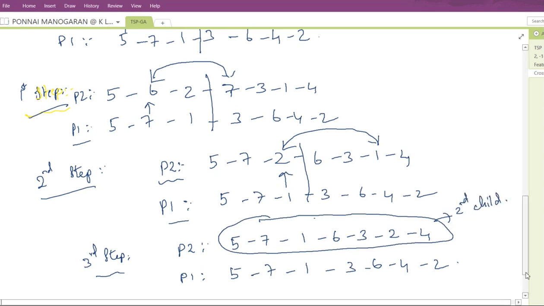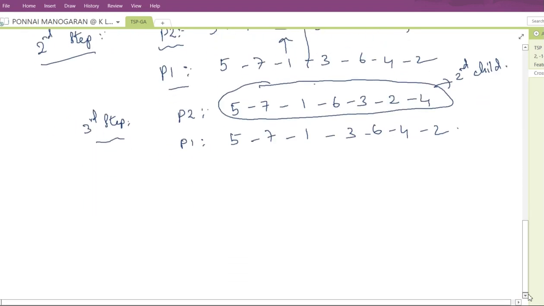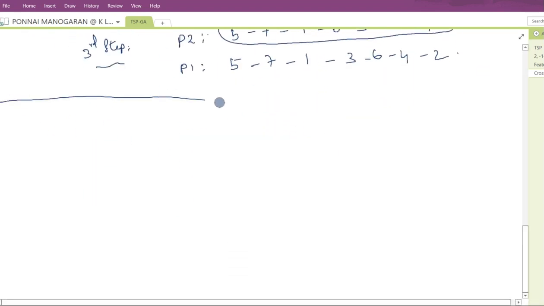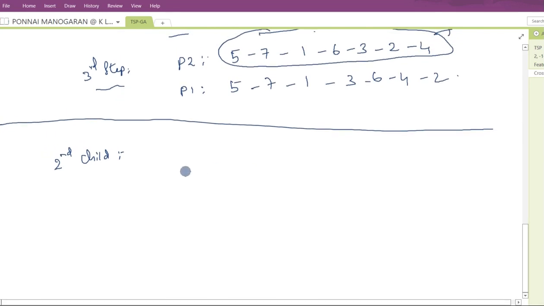Now you should understand it like this. Finally, you can see from my figure, the second child C2 is 5, 7, 1, 6, 3, 2, 4.